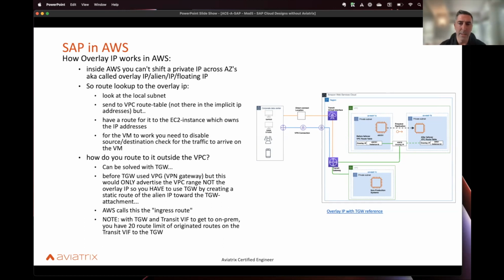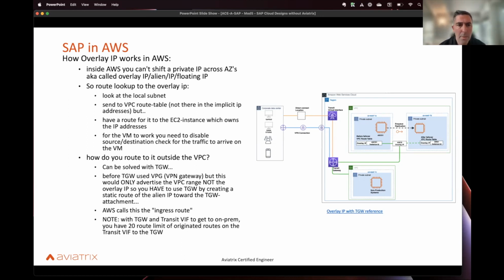Whoever wins the election has that Elastic Network Interface, or ENI, pointing to that ASCS or primary database. So that solves the IP ownership of this overlay IP.